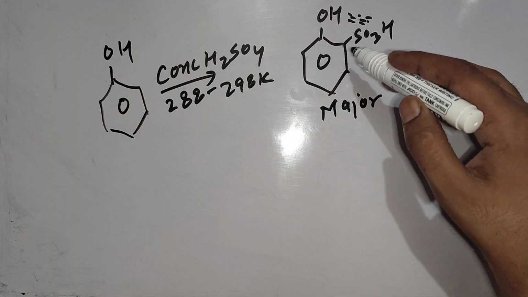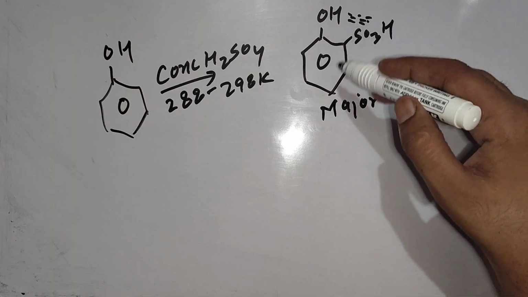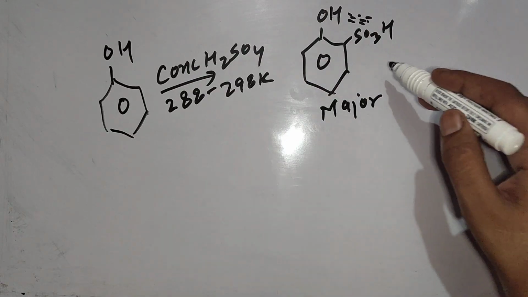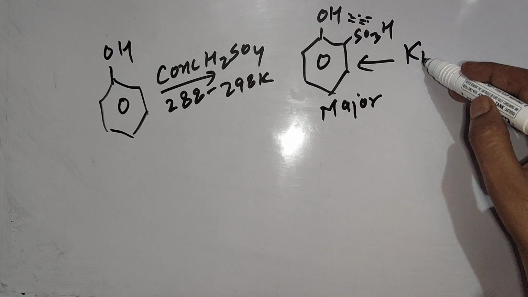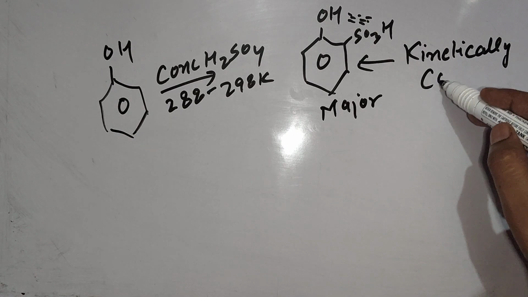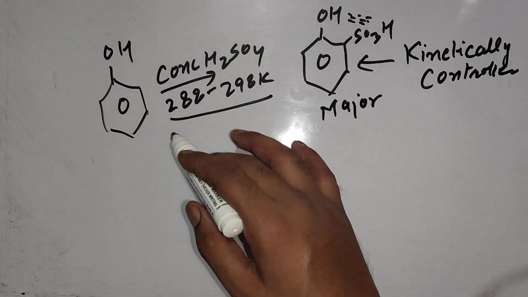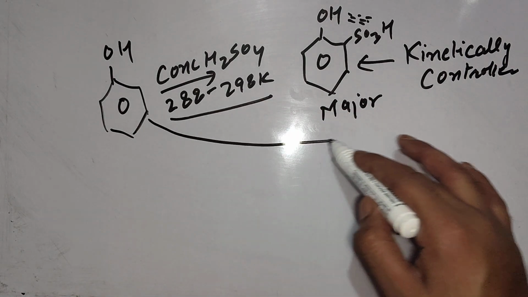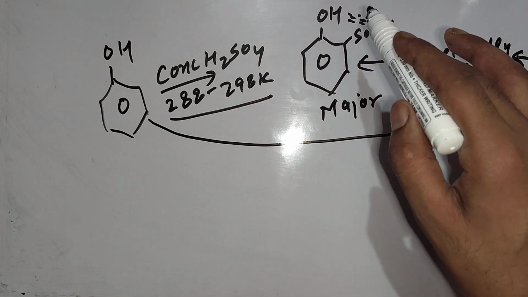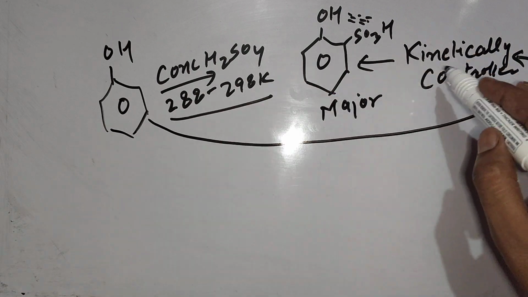Steric hindrance will not be there. Steric hindrance is overdominated by intramolecular force of attraction. And this product which is generated here, we are calling kinetically controlled. Means at low temperature, we are getting the kinetically controlled product, which is ortho phenol sulfonic acid. Reason we have discussed.